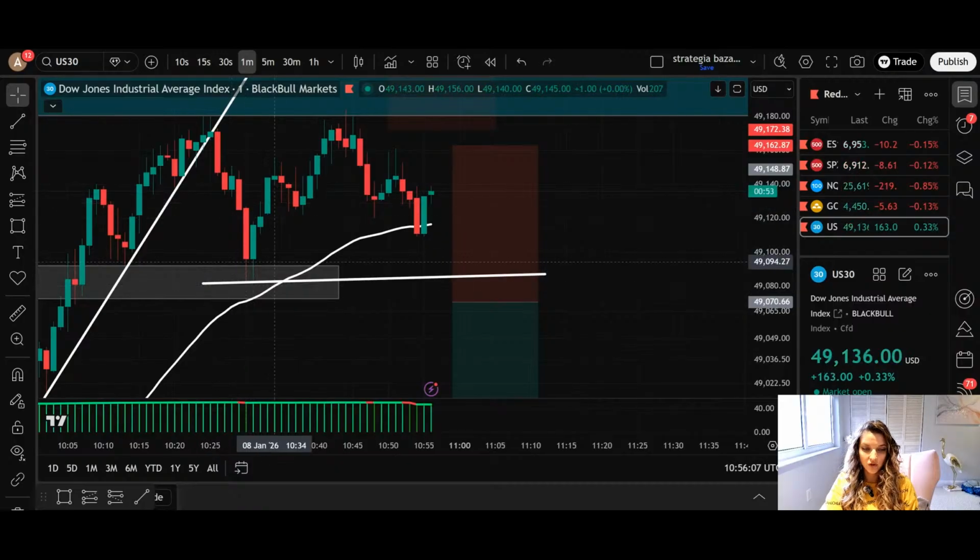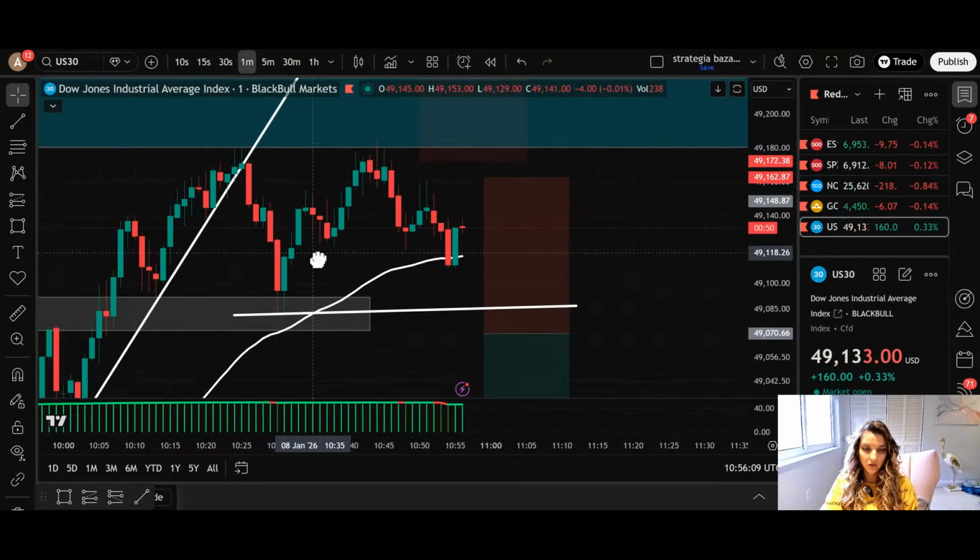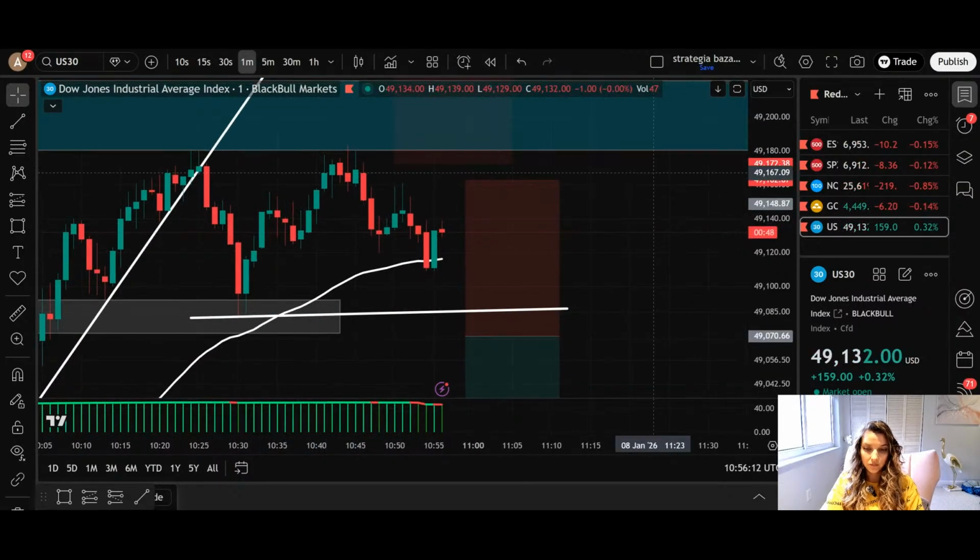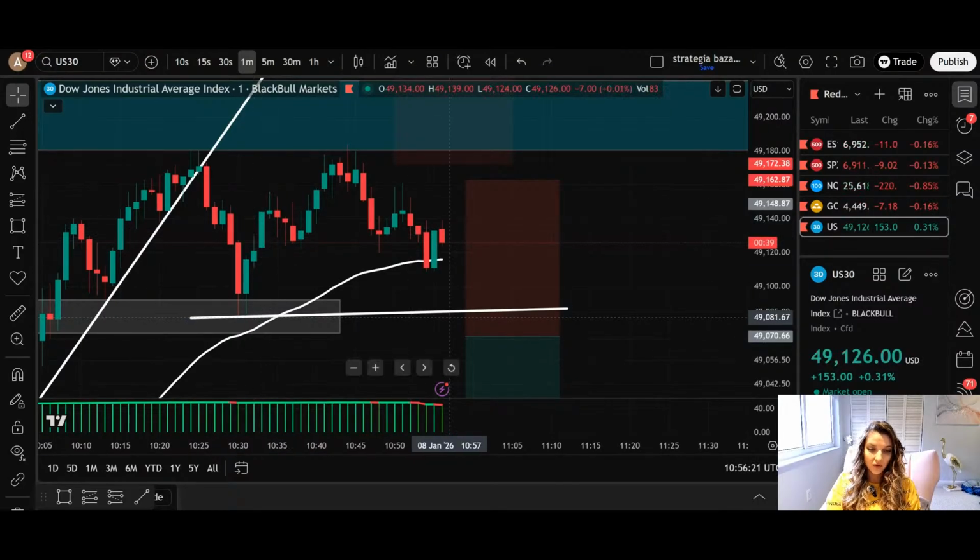Also here where you saw this rejection here, you went up long. So you saw this, you went in a long. Yeah, put your stop loss below this and see.